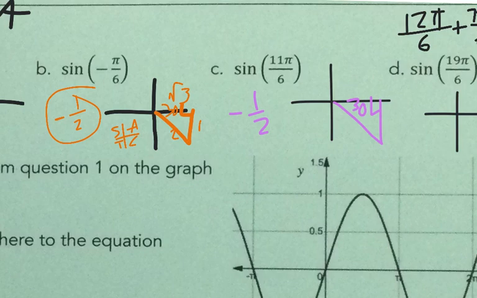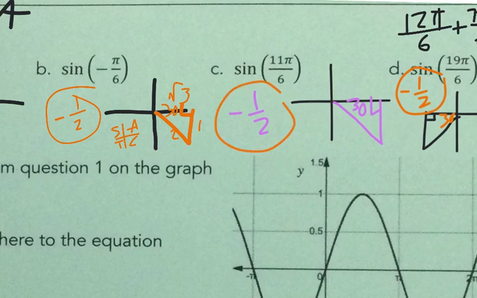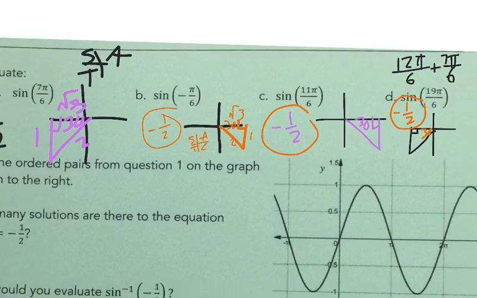Any of these are correct. Are there more ways to explain it? Yes. You just need some way to figure out how to get there. I don't care what it is, right? But it is in the third quadrant. It's a 30-degree reference angle. It's a lot of negative 1/2, huh?